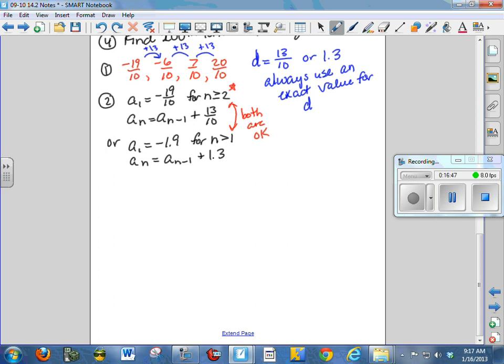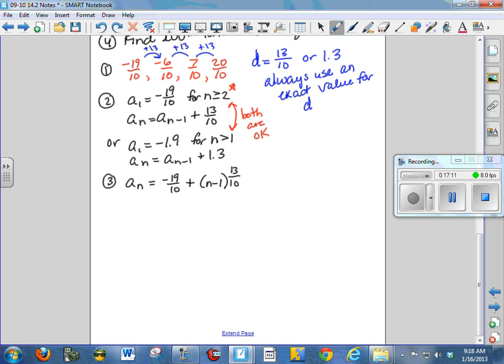Okay, number 3, write an explicit rule. Well, the easy formulaic way to do it is just to say a sub n is equal to a sub 1, negative 19 tenths, plus n minus 1 times d, 13 tenths. Okay, so that would be one way to do it.